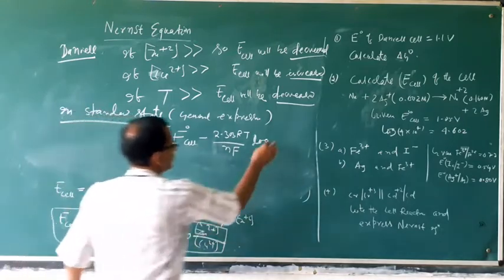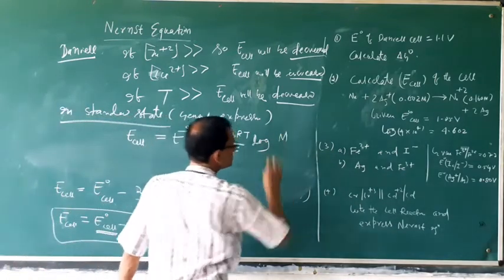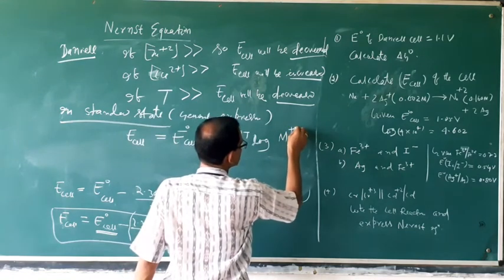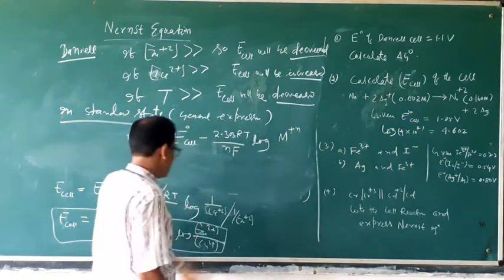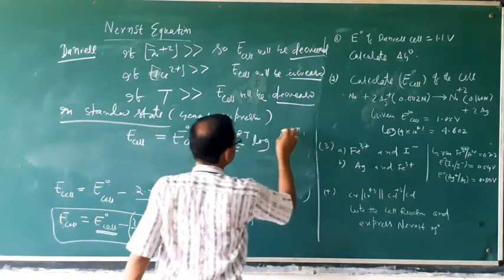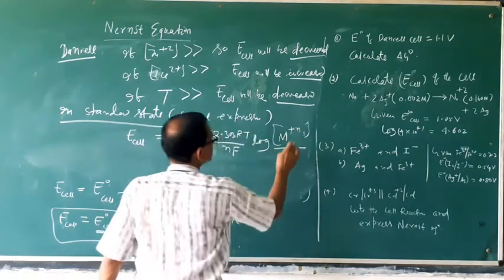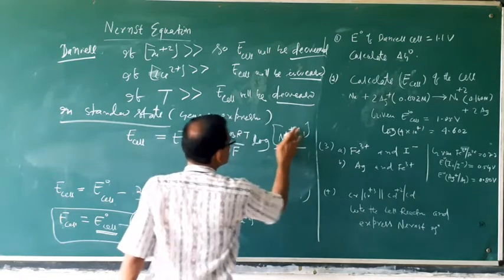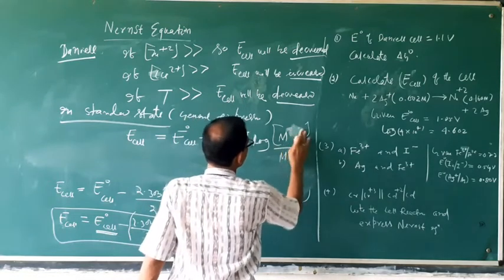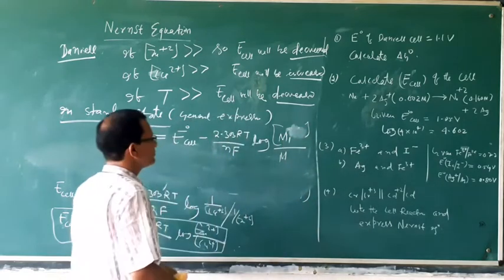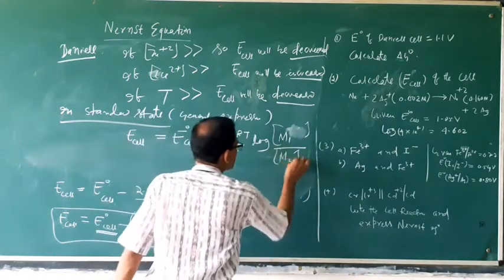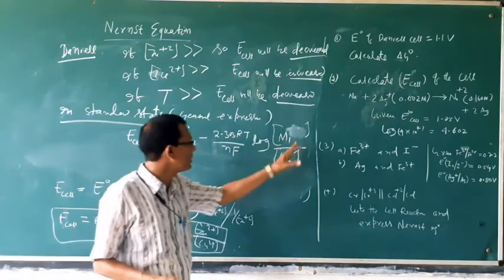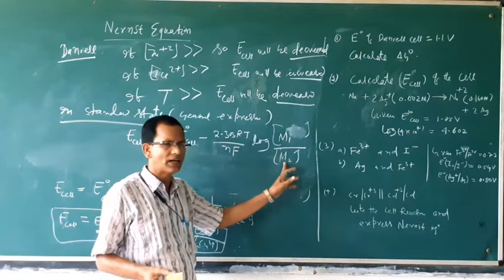of one particular ion, suppose metal ion here, M^n+, let it be M1, upon M2. Here M1 concentration is the concentration of a particular ion, and M2 is the concentration of the other ion.